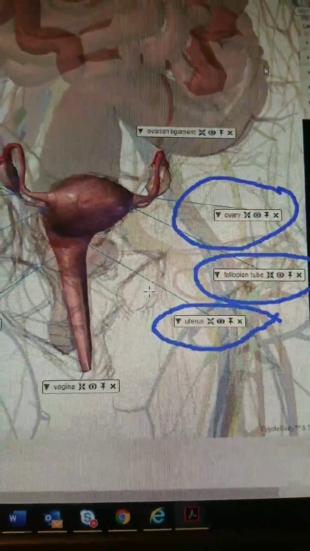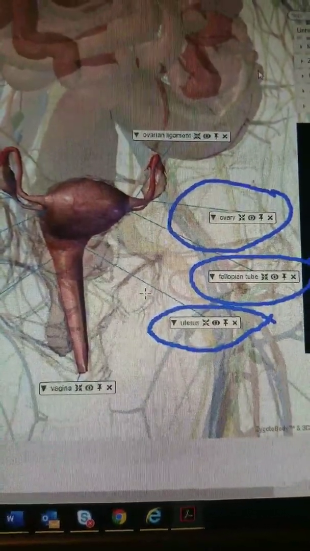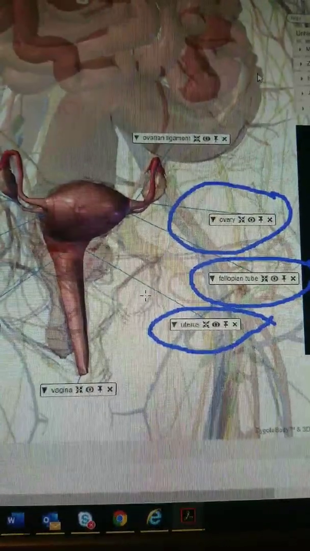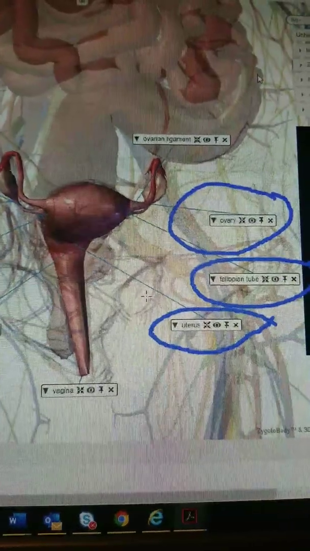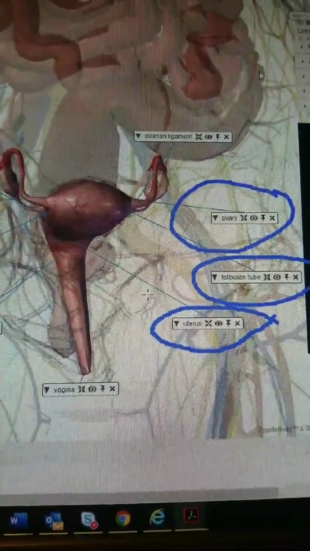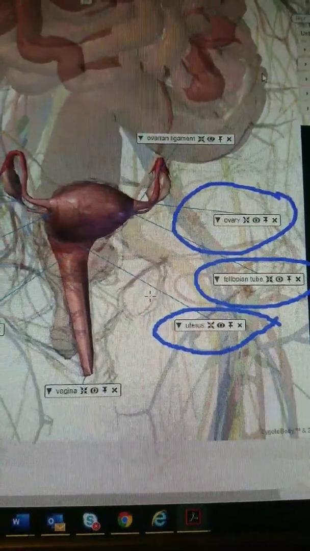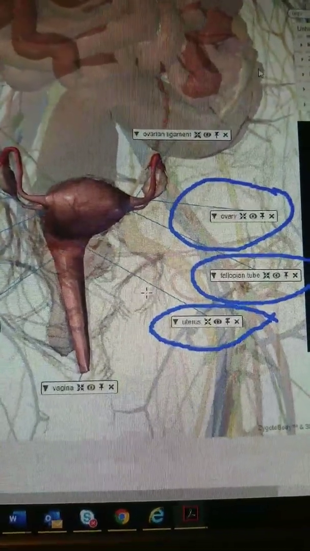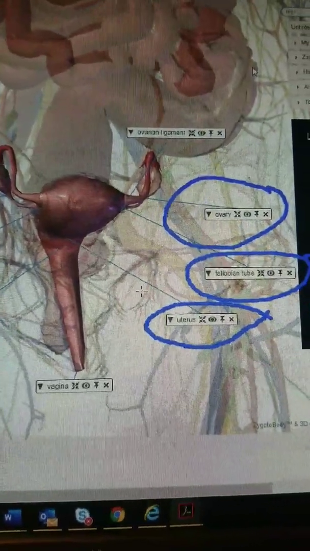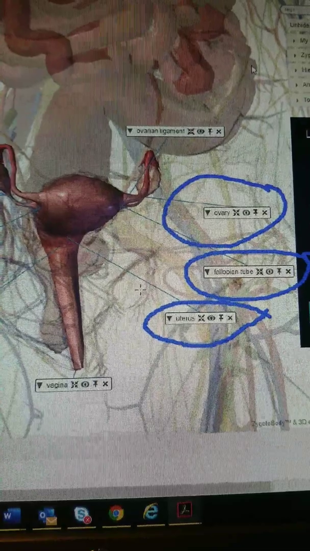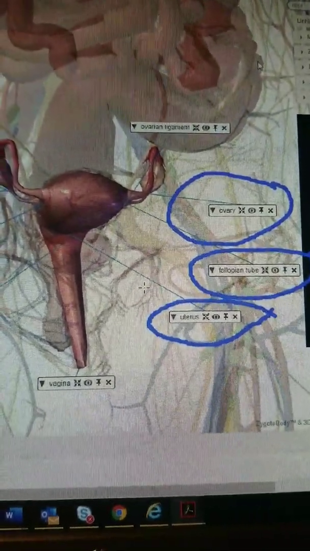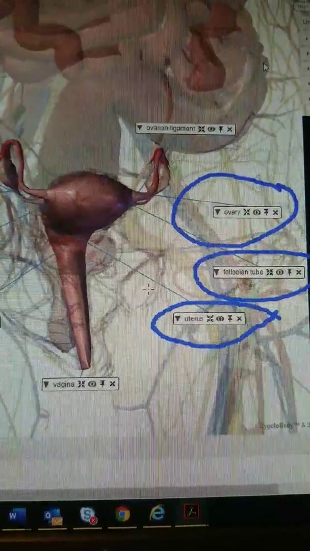The ovaries, like testes, are paired organs. The ovaries are suspended in the pelvis and covered by a draped sheet of peritoneum. Like the testicles, they're spongy, ovoid, solid organs. The ovaries are attached to the uterus medially by the ovarian ligament and to the pelvic wall laterally by the suspensory ligament.